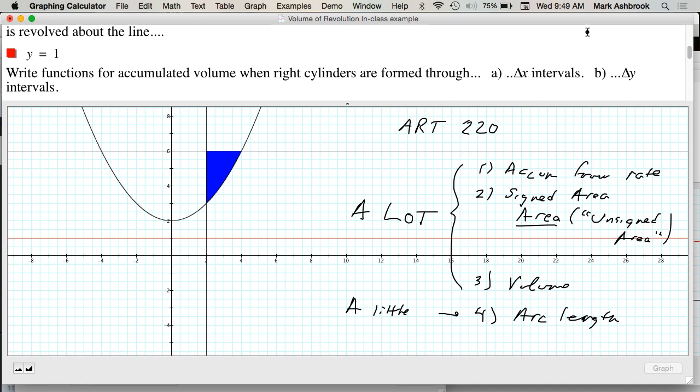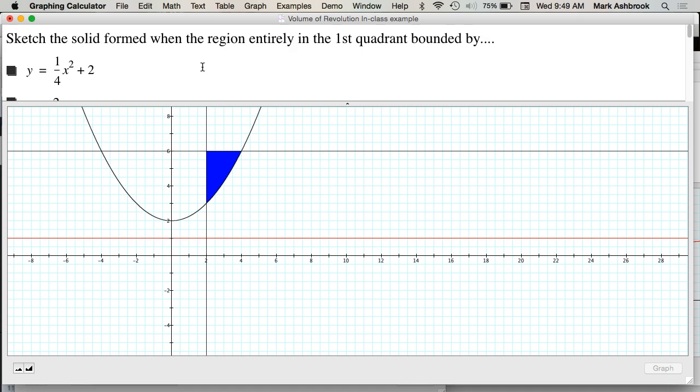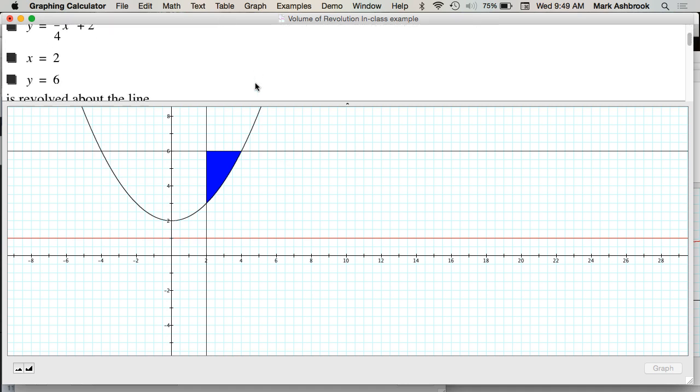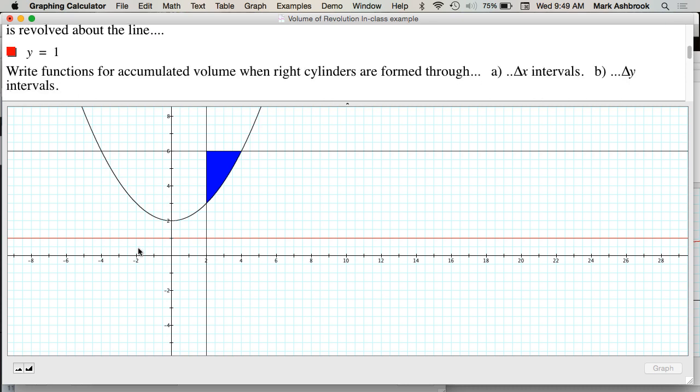Okay. So we worked on this one, right? We were taking this region here, and we said it was the region bounded by x equals 2, y equals 4, and this was 1/4 x squared plus 2. And we revolved it about the line y equals 1.